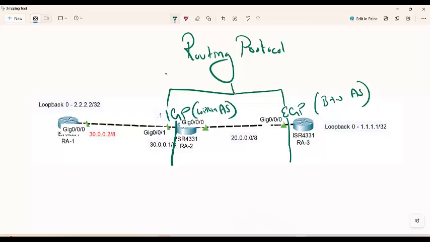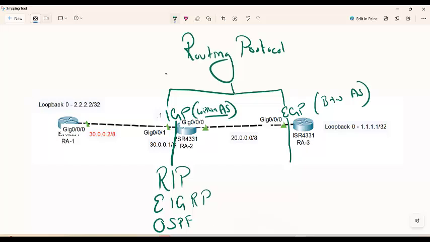Within the organization, within the autonomous system, the routing protocols are called IGP, Interior Gateway Protocol, but this is not the name of a protocol. This is an overall name. The names of the protocols are RIP, Routing Information Protocol; EIGRP, Enhanced Interior Gateway Routing Protocol; and OSPF, Open Shortest Path First.